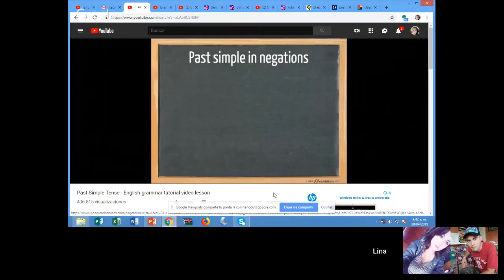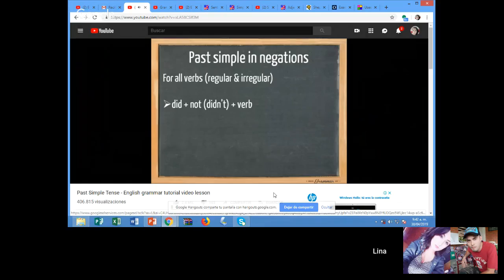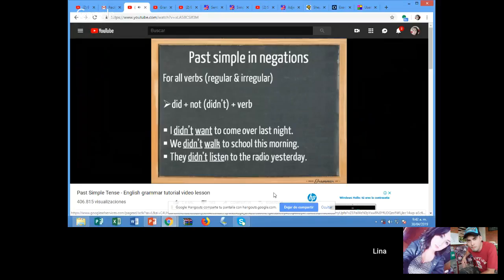The past simple in negations, regular and irregular. We also use the past simple tense of the auxiliary verb to do, which is did, and we add not to it, contracting it into didn't, plus the infinitive form of the verb. I didn't want to come over last night. We didn't walk to school this morning, and they didn't listen to the radio yesterday.